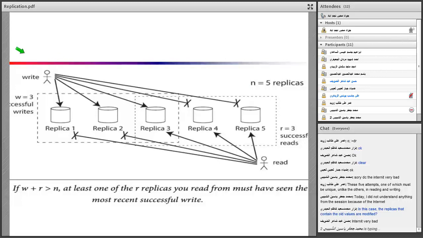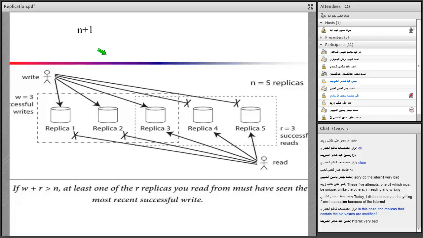I'm going to talk about how we can calculate W and R. One good method which is introduced to calculate the quorum read and quorum write is this.